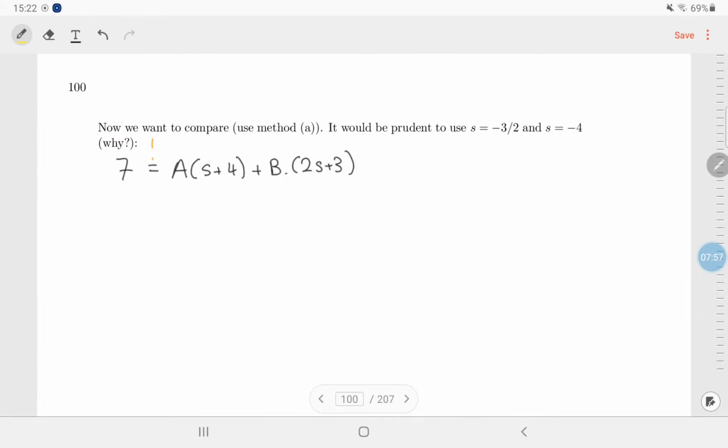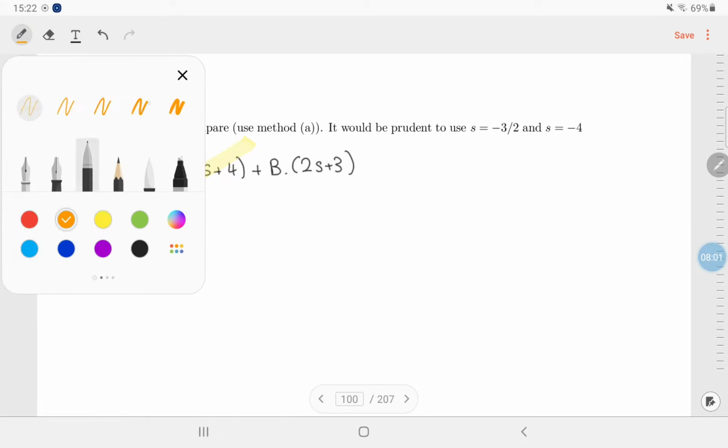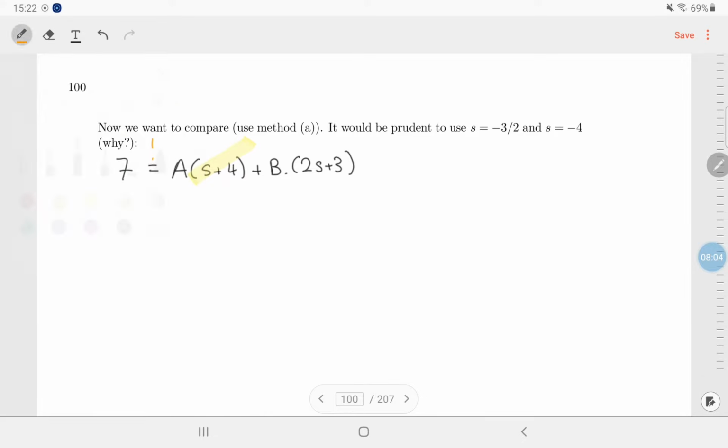If you want, you can pick a clever value of S that makes that equal to 0. What is the value of S that makes that equal to 0? It's -4. So we're going to substitute S equal to -4 into both sides of this. What do we get?